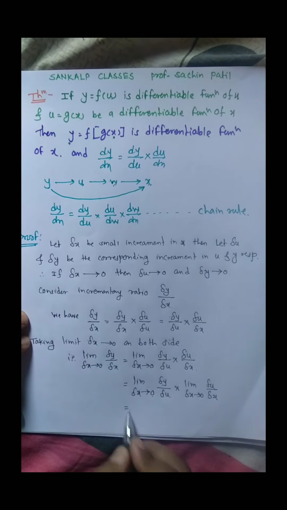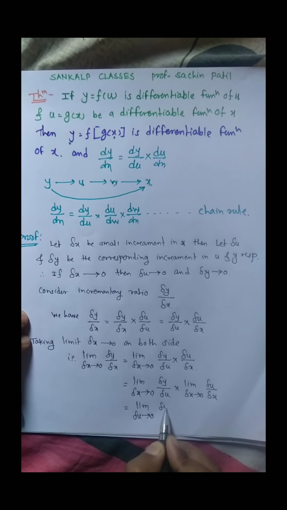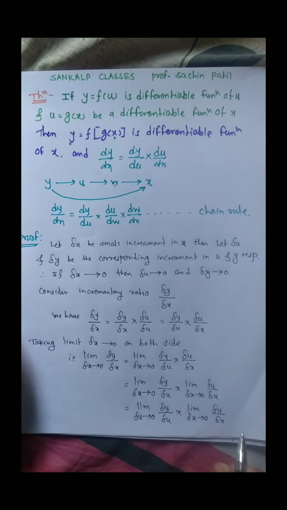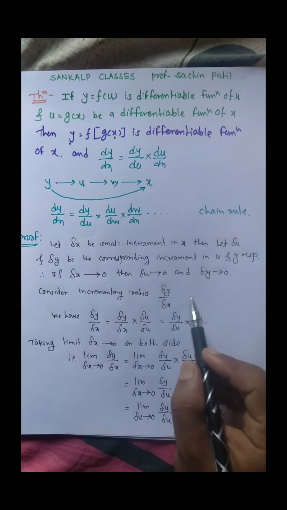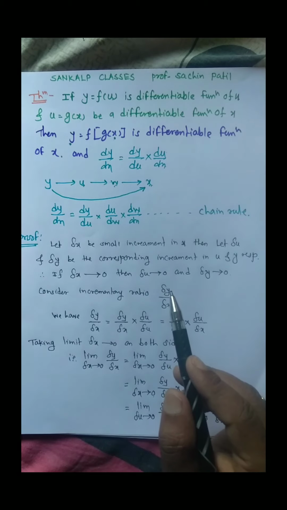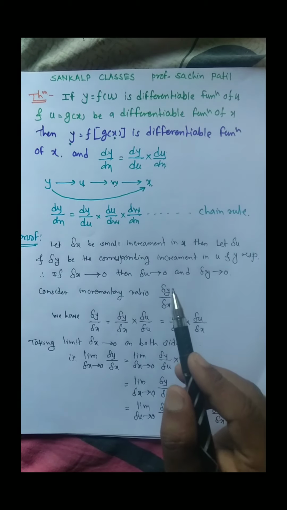You first replace it by using limit of delta u tends to 0 of delta y divided by delta u into limit of delta x tends to 0, delta u divided by delta x. In this consideration, first of all we think about the change in x, or a small increment in x, causes the change in u and related change in y.